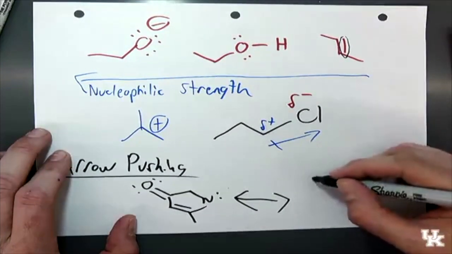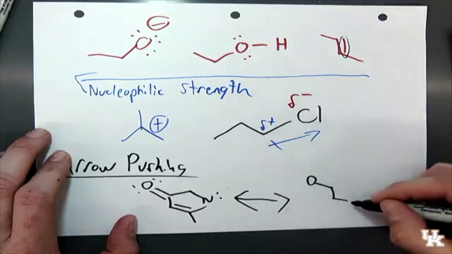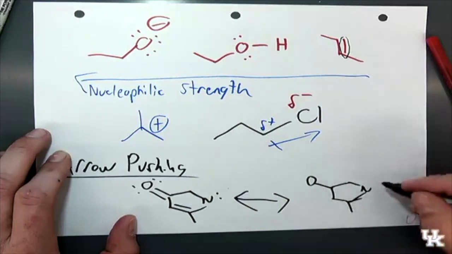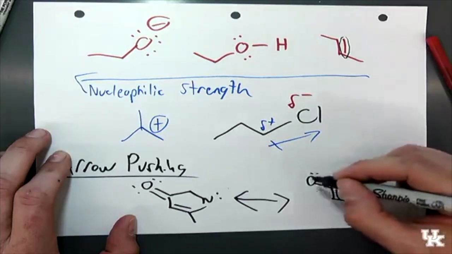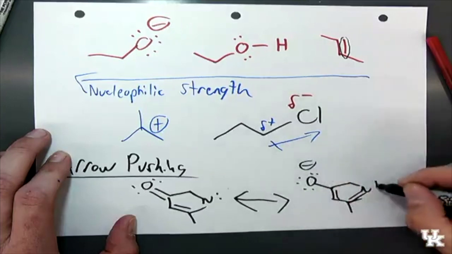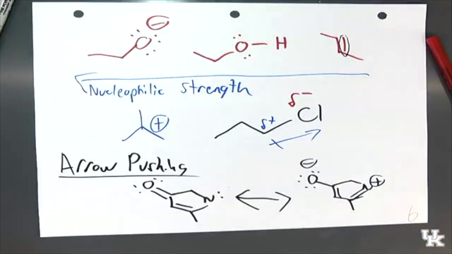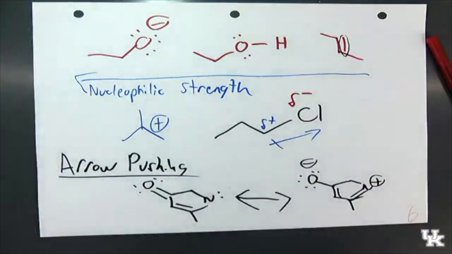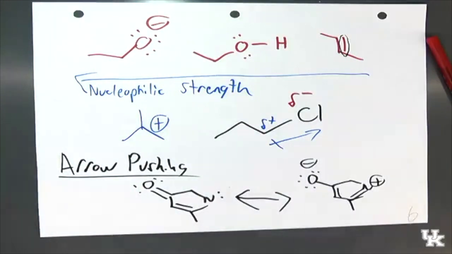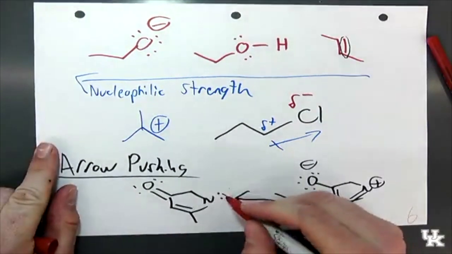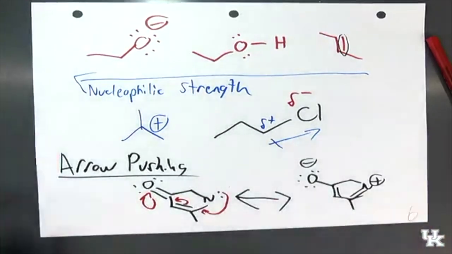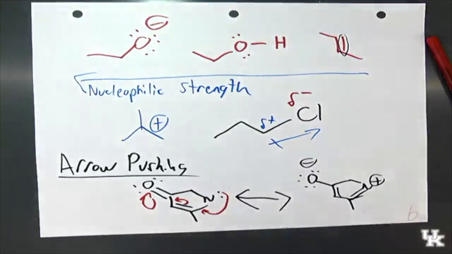One very popular one, was it this guy? And to get to that resonance structure, a lot of you drew the arrows in to have the lone pair come down, this pi bond move, and these electrons go up to the oxygen to make this doubly charged resonance form. That is arrow pushing, if you remember.